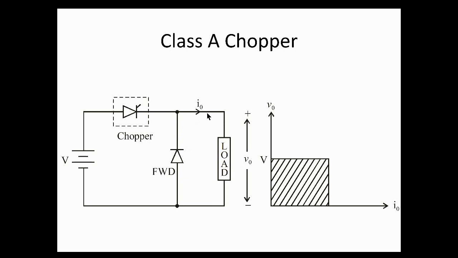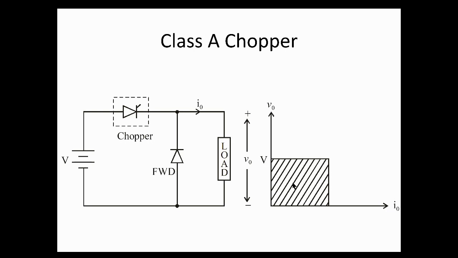So again, the current is positive, the voltage is positive. Whether the chopper is on or off, we are seeing a positive output current and a positive output voltage. Hence we have this kind of IV curve. We know that this behavior is typical of a class A chopper.